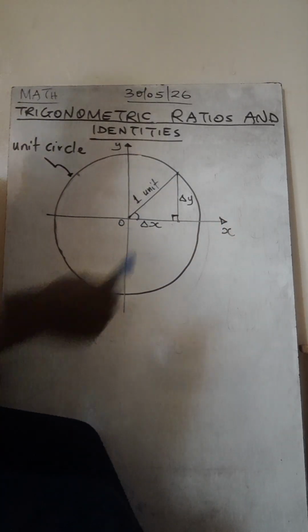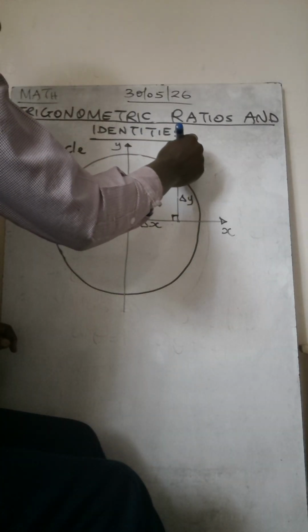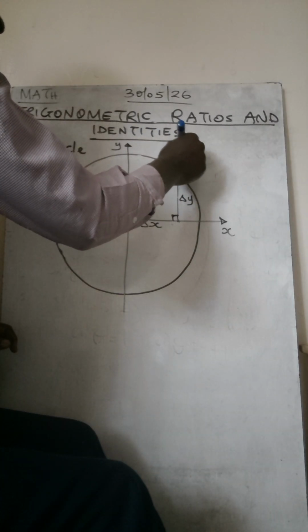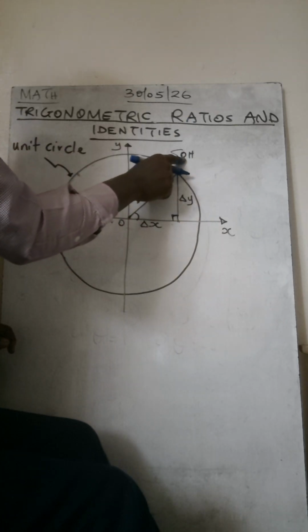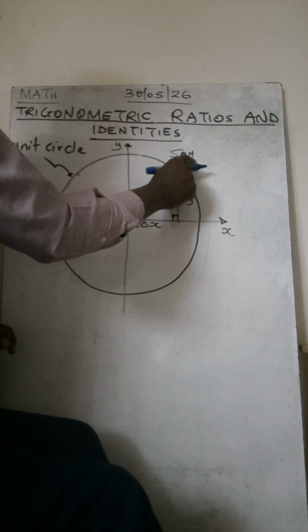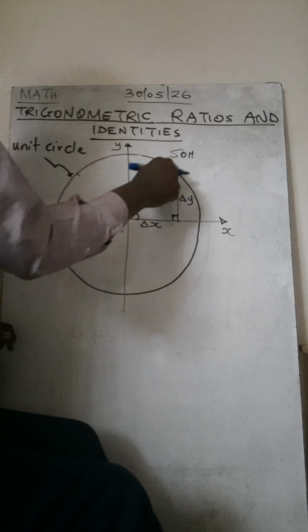Now, we know very well that the sine of an angle is given by the opposite side of the triangle divided by the hypotenuse of the triangle. We are using the same triangle.